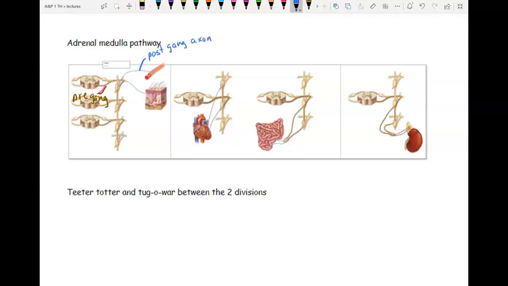And in each of these four pictures, this is all sympathetic. Notice you have here your sympathetic trunk. Anytime you see this sympathetic trunk, you know that you're dealing with a sympathetic pathway. So the first picture here, we have a blood vessel of a skeletal muscle, and we have sweat glands.